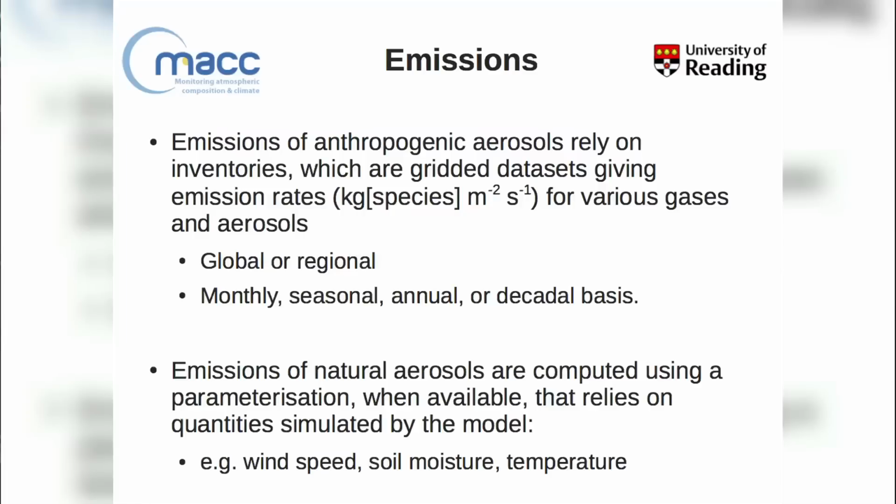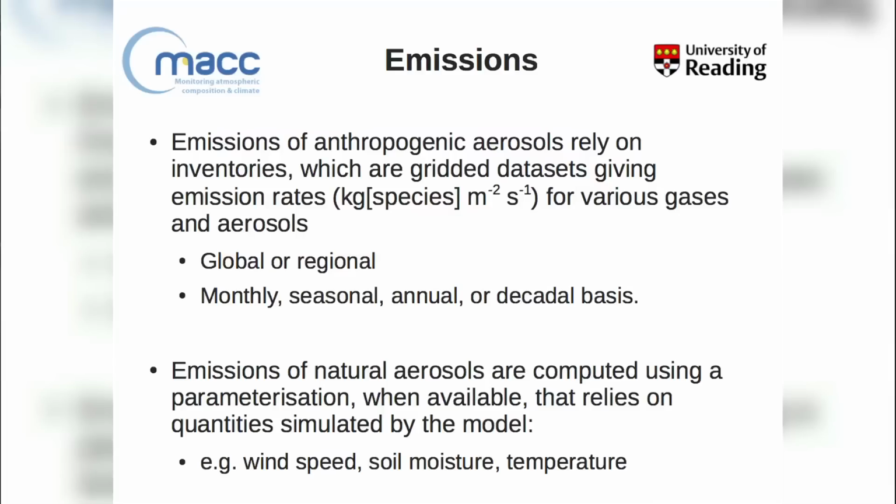Right. So let's start the aerosol life cycle and how it is modeled. So we start with the emissions. So there are basically two different cases. First one is anthropogenic aerosols, so the aerosols emitted by human activities.